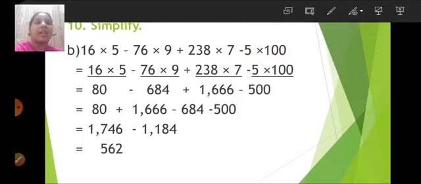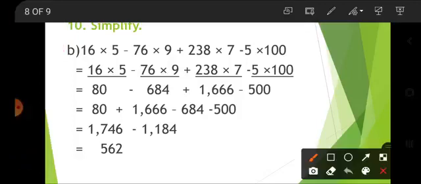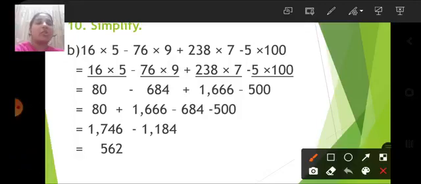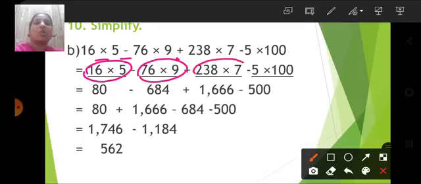Here you can see we have multiplication, we have addition, and we also have subtraction. So first of all we will multiply. First we will multiply 16 by 5, then 76 multiplied by 9, 238 multiplied by 7, and then 5 multiplied by 100.